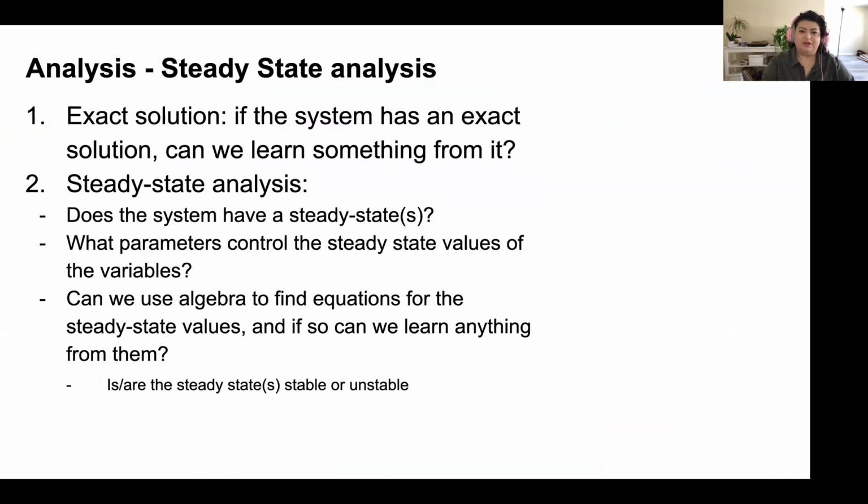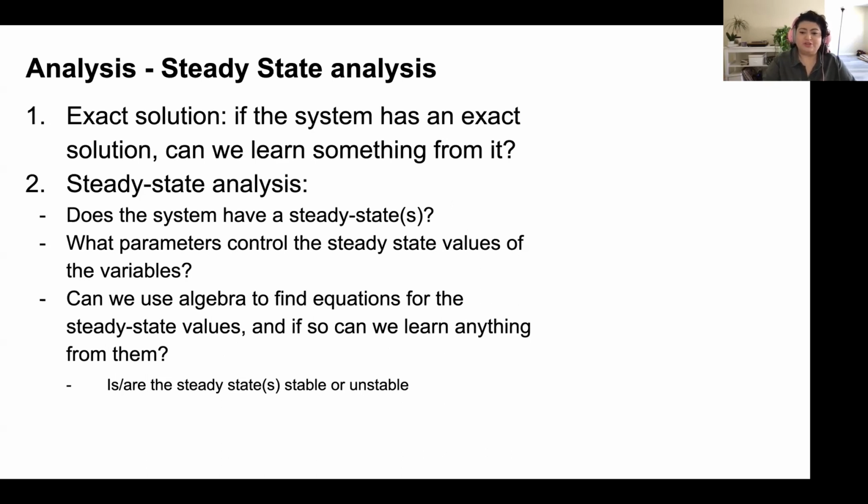We saw before how we can get an exact solution, and we can start asking questions: if the system does have an exact solution, like an analytical solution, can we learn something from it? Steady state analysis helps us understand a little more about what is happening to the species or the items in the chemical reactions, such as: do we have a steady state?